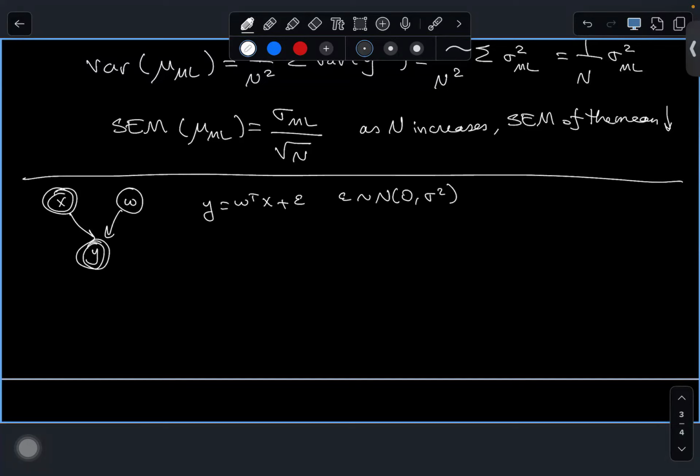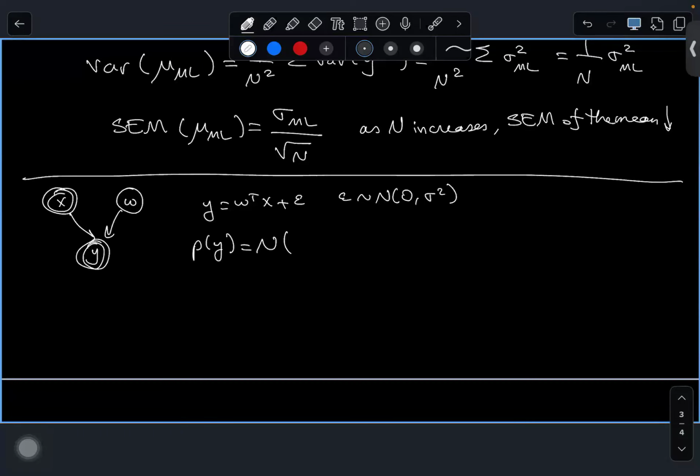Okay, so let's write the probability distribution of Y, the data that we have. What is the probability distribution of Y? Well, if epsilon is a normally distributed variable, then so is Y. This is going to be a normally distributed variable with mean. What is the mean of Y in this equation? If I give you this equation, what is the mean value of Y?